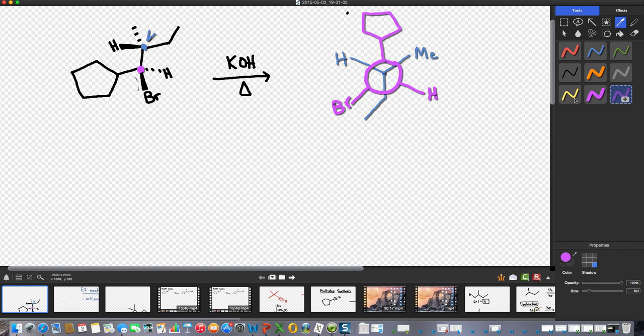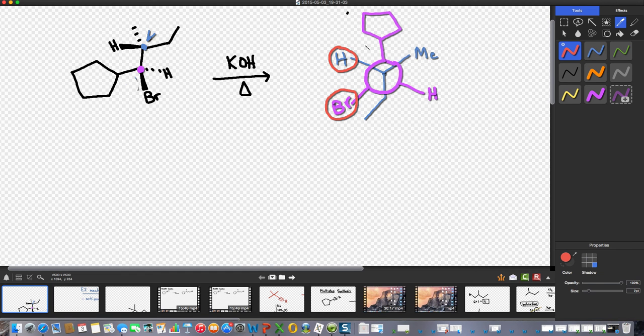Now, in an entirely separate color, we'll use orange. I know that the bromine has to be my leaving group. So this has to leave. And the hydrogen on the beta carbon must be removed, which is this hydrogen that's rendered in blue.